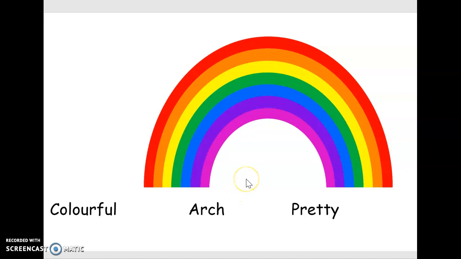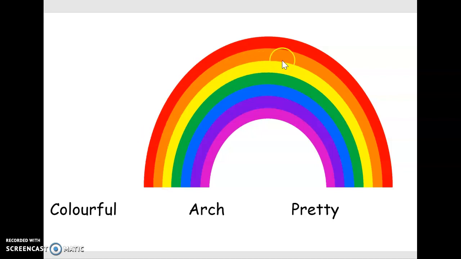Okay, so what I've done is I've chosen a picture of a rainbow and I've given you 3 adjectives that I think would describe a rainbow. Lots of colours, so I've chosen the word colourful. That's a describing word that tells you what a rainbow is like.